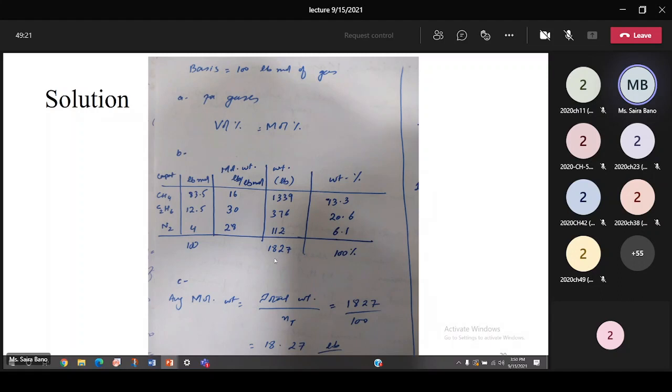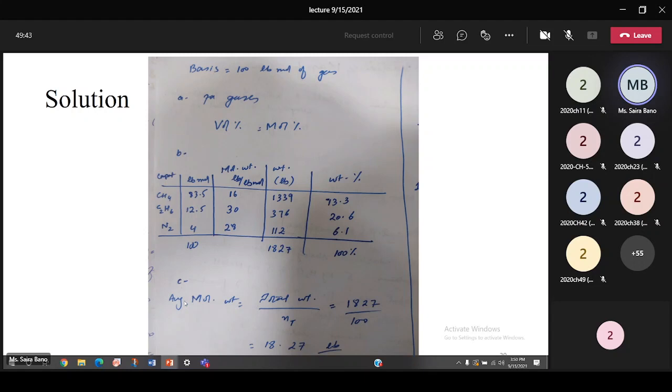Then the sum of all these components is 1827 pounds. Further, you have to find the weight percentage of every component, weight of individual component divided by total weight, that is 73.3, and then same for ethane and nitrogen, and sum of all the percentages is 100.